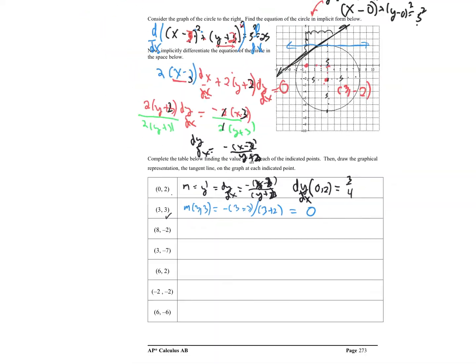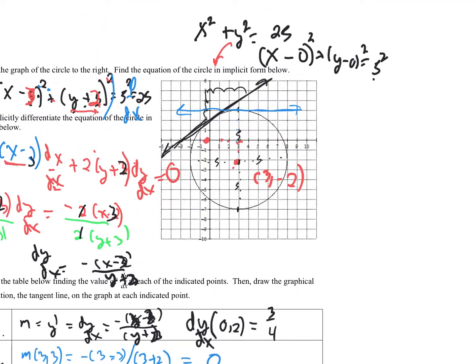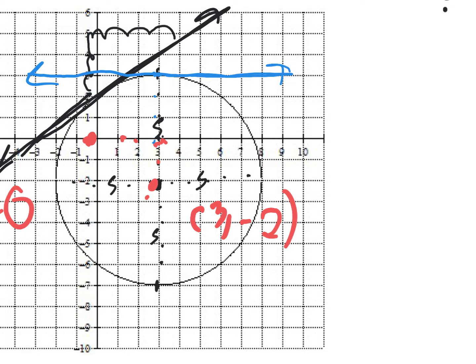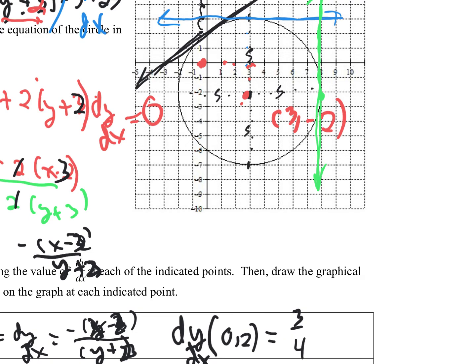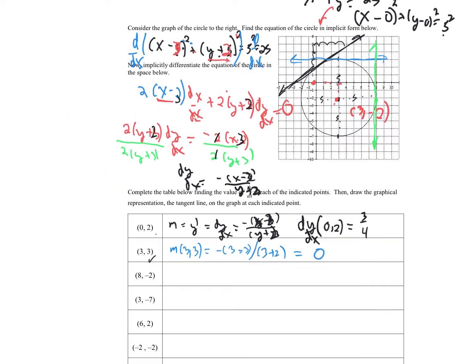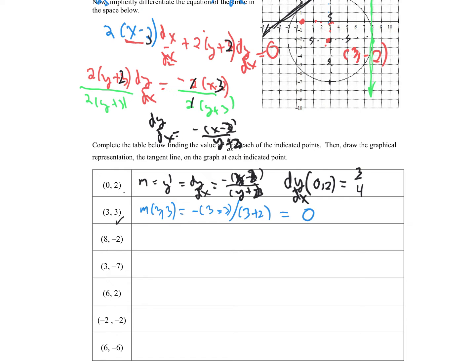Now 8, negative 2 is here. Tangent line. That's what the derivative is, the slope of the tangent line. What are you getting? You better be saying undefined. That's where the derivative does not exist.